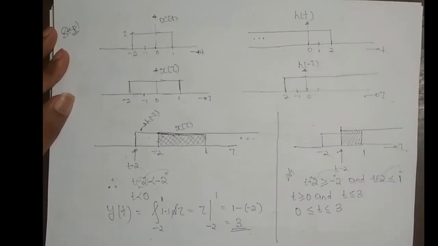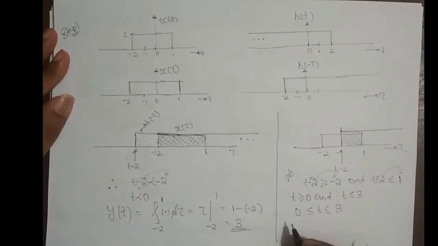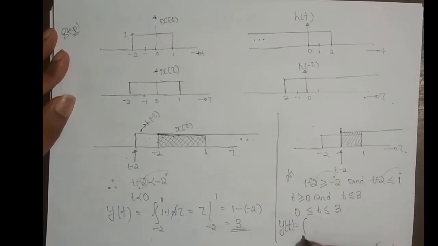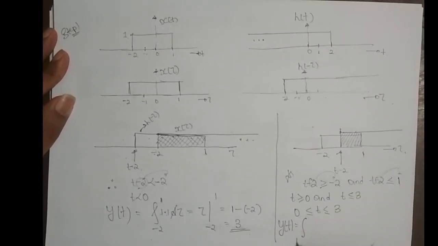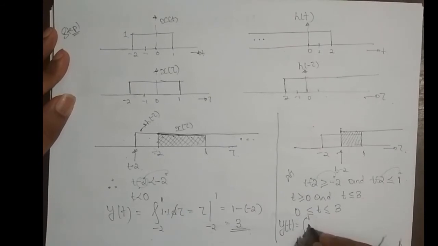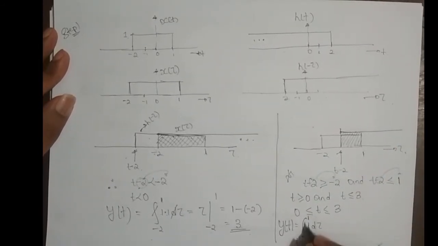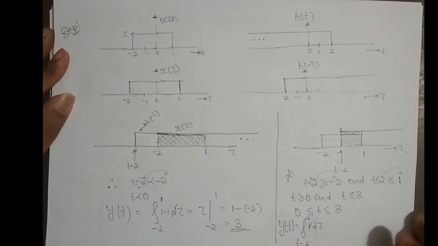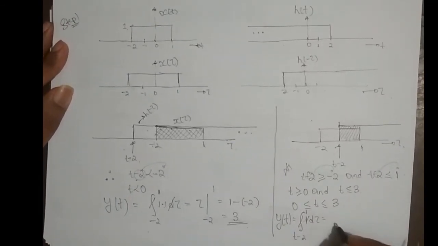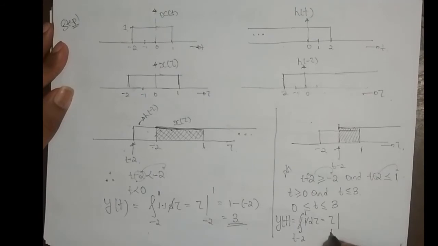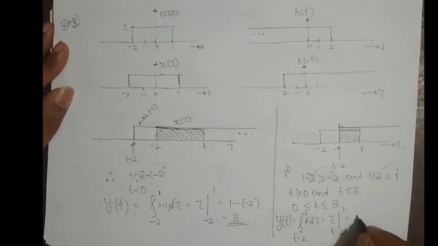If t is in between 0 to 3, what is y of t? Y of t is equal to what? Integrating from t minus 2 to 1, x of tau, h of t minus tau, both are 1, so d tau. Integration and differentiation cancel out. This is equal to tau with the limit t minus 2 to 1.